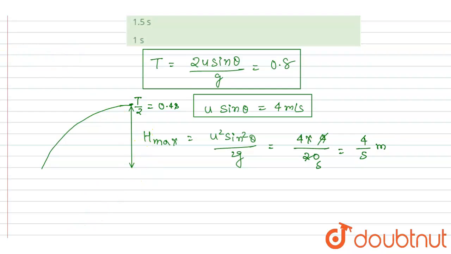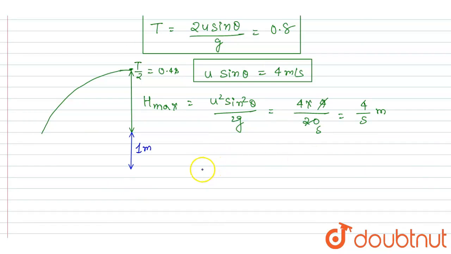Now this point is at a height of 1 meter from the ground. So the total height will be h equals 4 by 5 plus 1, which is 4 by 5 plus 5 by 5, that is 9 by 5.